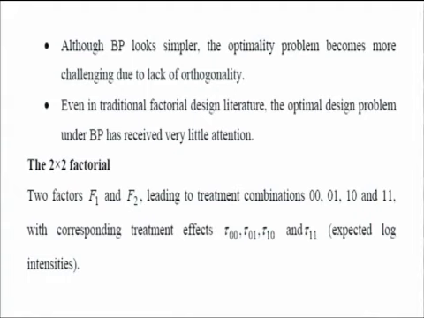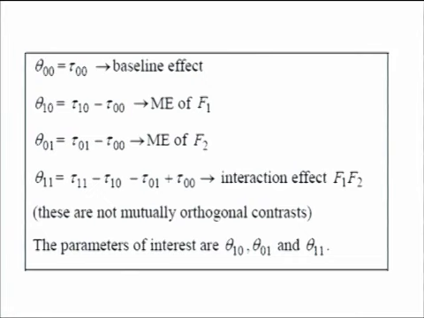Now, we look at the simple case, the 2 by 2 factorial considered by Glonek and Solomon that motivated the present study, and with reference to this very simple setting, we define the baseline parameterization that we were talking about. Now, we have two factors, four treatment combinations, the associated treatment effects being denoted by tau naught naught, etc. We define 0 0 as the baseline treatment combination.